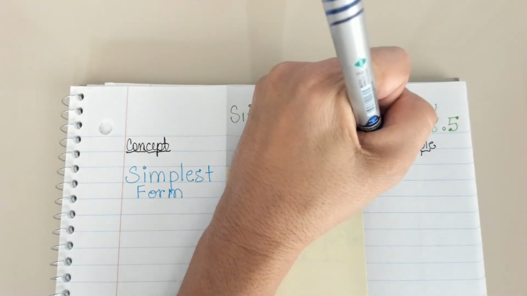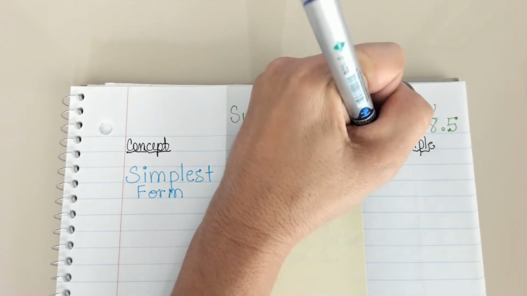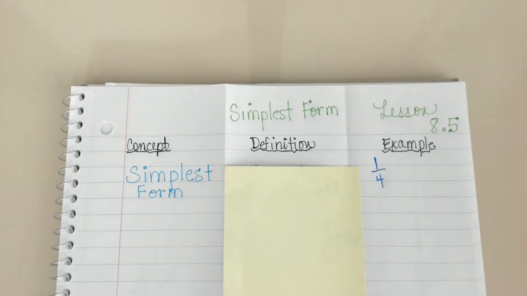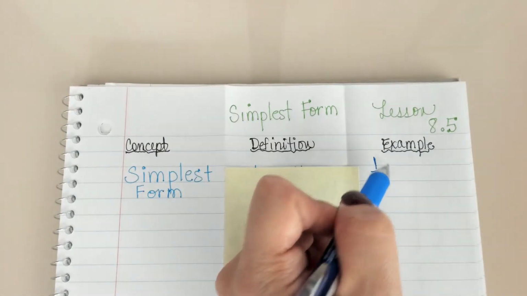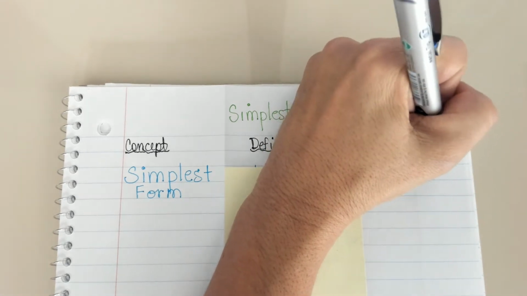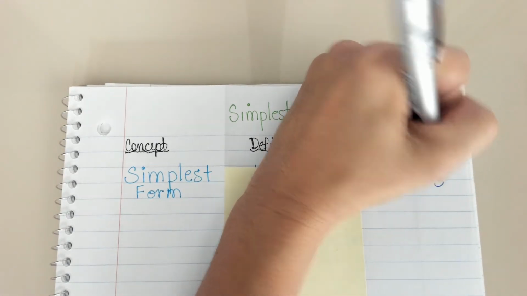So a fraction in simplest form could be 1/4. You can't divide it anymore. Another fraction, as an example, is 2/3.